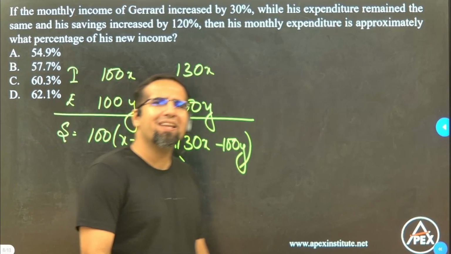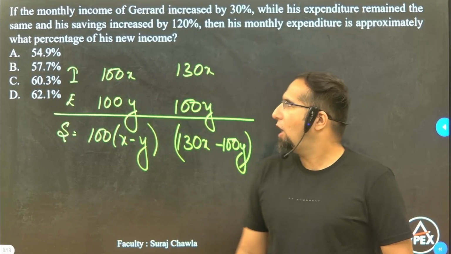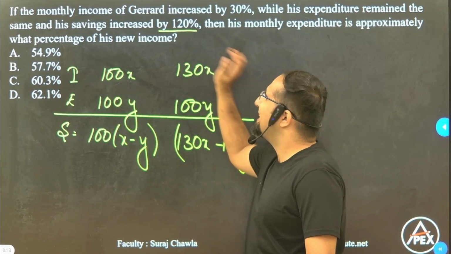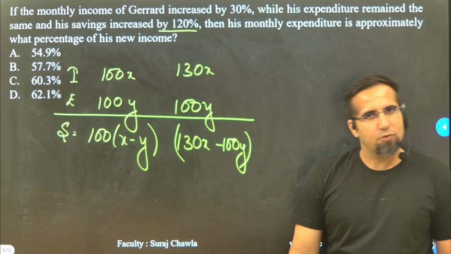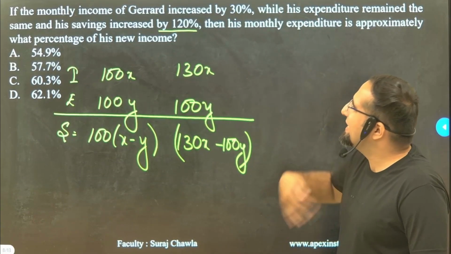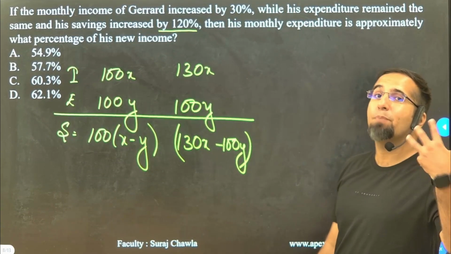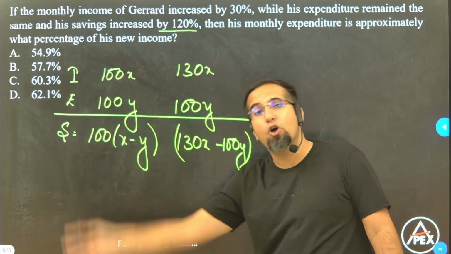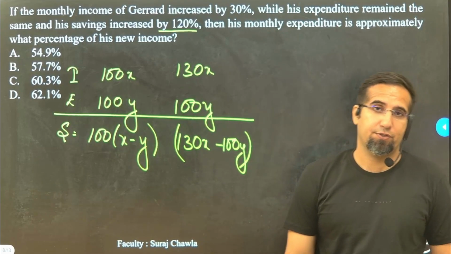तो अब हम इक्वेट किससे करेंगे? If you observe, हमने इस स्टेटमेंट को तो यूज ही नहीं किया था. ठीक है, तो सेविंग्स इंक्रीज्ड बाय 120%. 120% ऑफ व्हाट? 120% ऑफ एग्जिस्टिंग सेविंग्स.